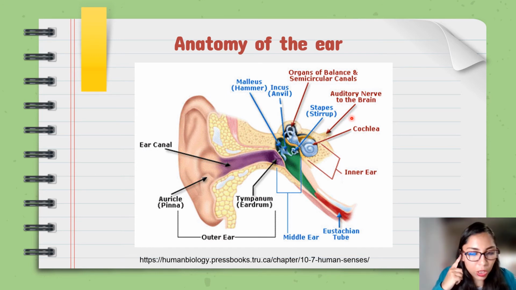Inside of our ear, we're going to find an organ called the semicircular canals that allows us to feel the balance. Yes, so now we're going to see that different sense that is perceived in our ears too.